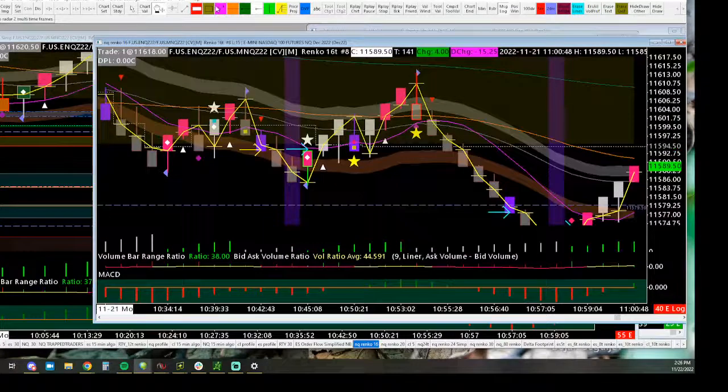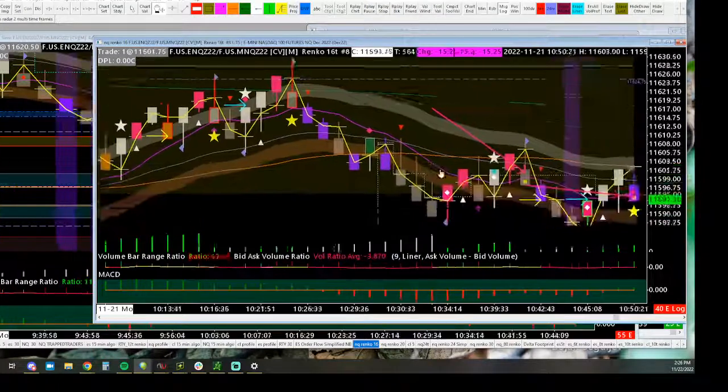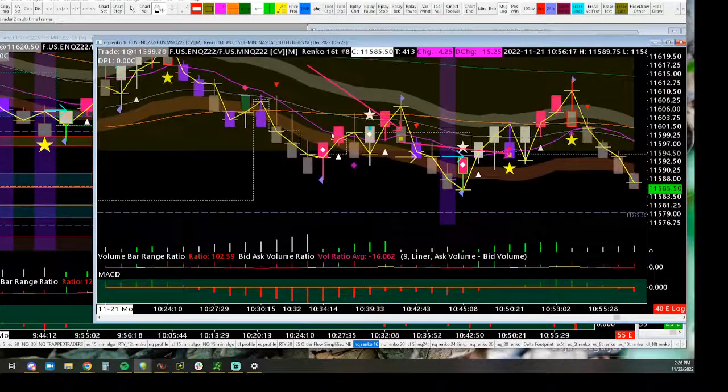Oh, here's stacked yellow ones. Yellow, and then right underneath it, another yellow, and that one fails. Is it bullish? No. Okay, so here's a good example where it didn't work. So what's different here? It made a new low. Is this a new low? Yep. Trap back in. So don't take them in.